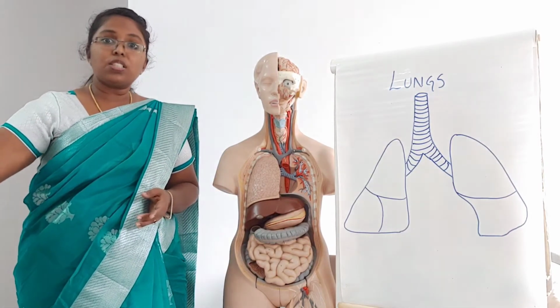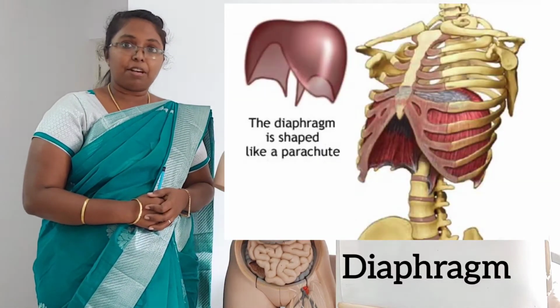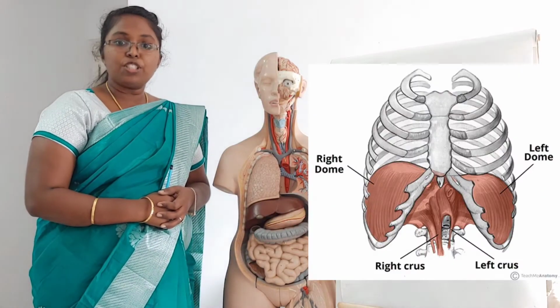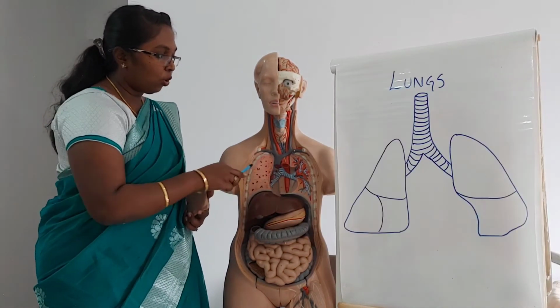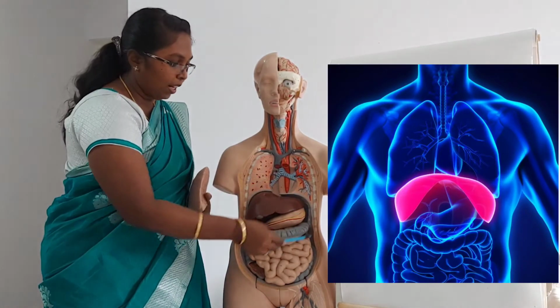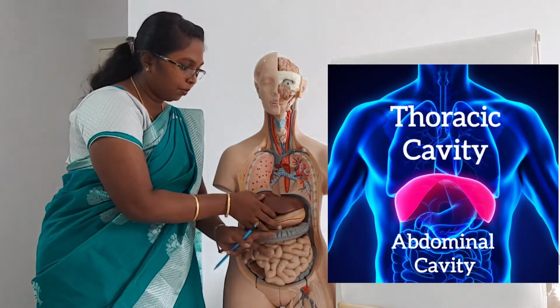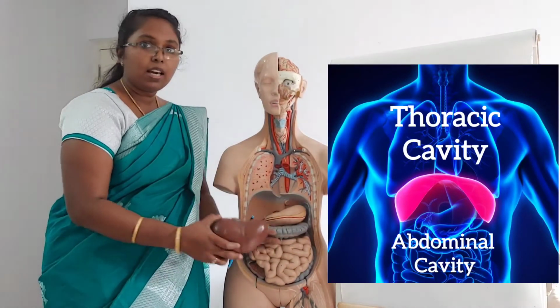Next, one more muscle which helps in respiration is known as the diaphragm. The diaphragm is a dome-shaped muscular structure which is seen in between the thoracic cavity and abdominal cavity. So this is the abdominal cavity.